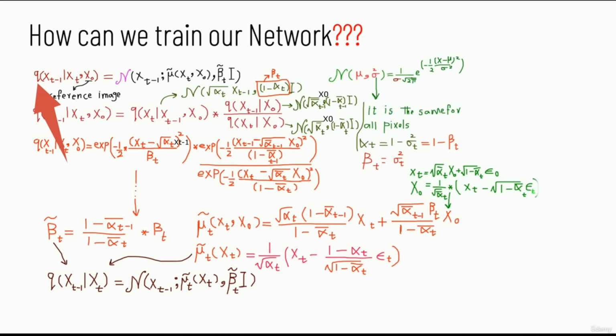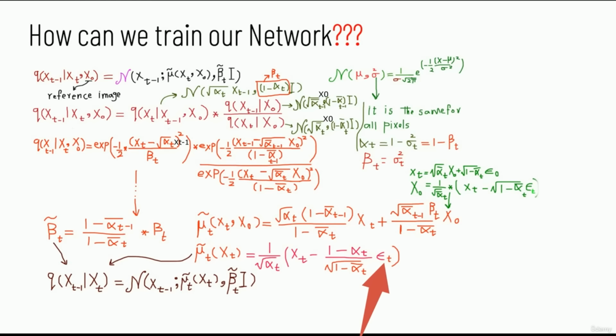So we will make our neural network just try to predict the mean of the target distribution. And because we know how to compute the value of alpha t and alpha bar t, and we have the value of the xt variable, we will make our neural network just try to predict what epsilon t is. And that's what we will see in the next lecture.